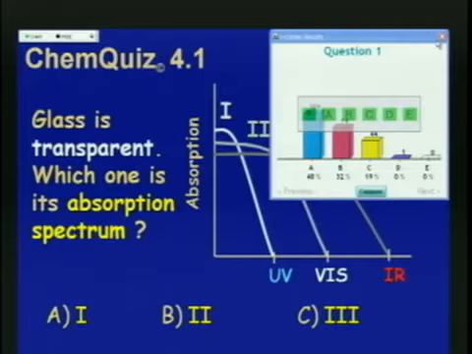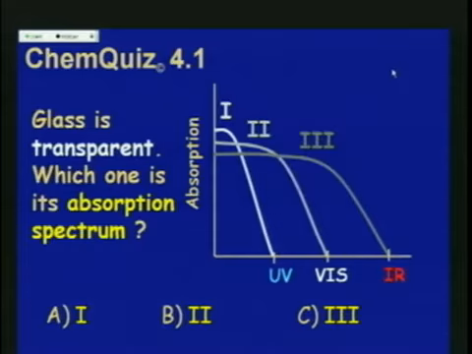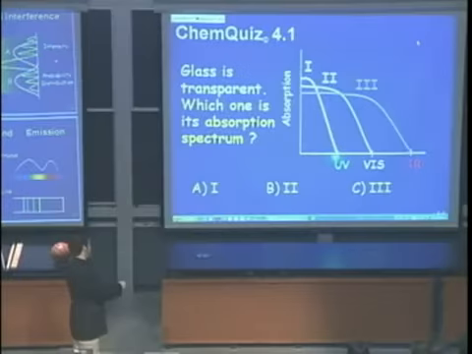All right, well, we still have some discrepancies here. Let's talk about it and vote again in a second. Let me tell you one thing. The visible absorption is all the way between the UV and the IR. Visible covers this whole region.